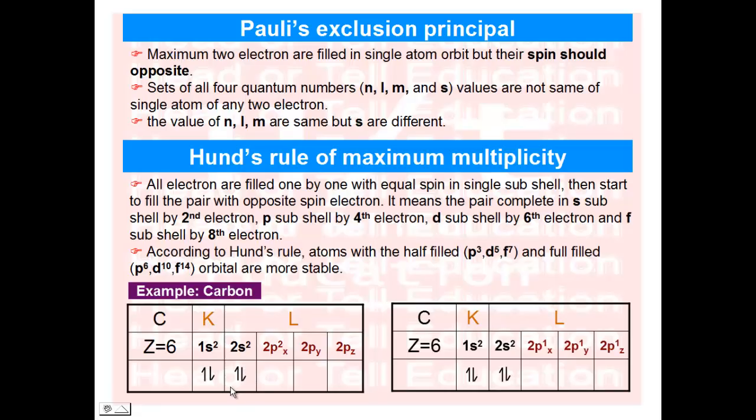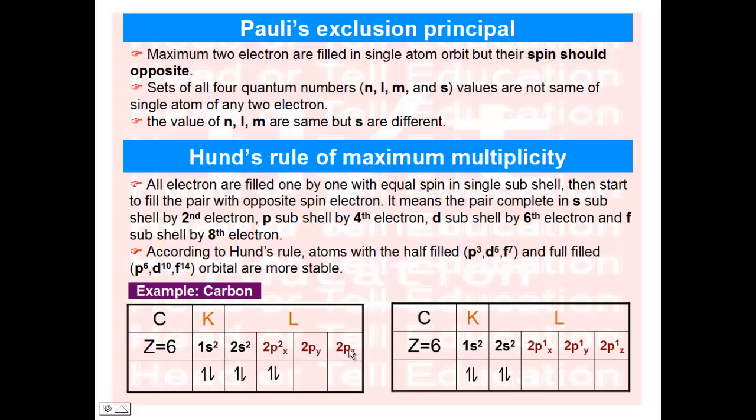Now if we again fill the p orbital like this, with opposite spin and 2 electrons, this is wrong, because the rule says p3 is more stable.